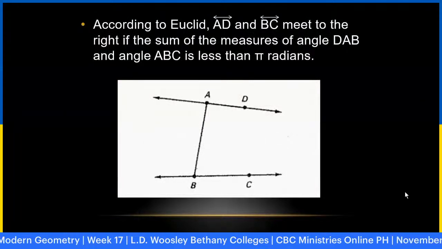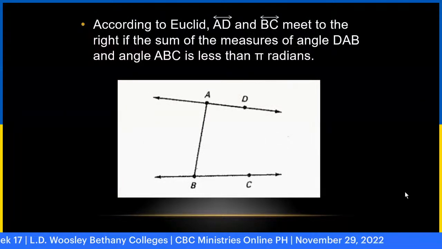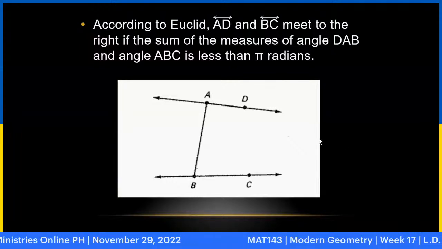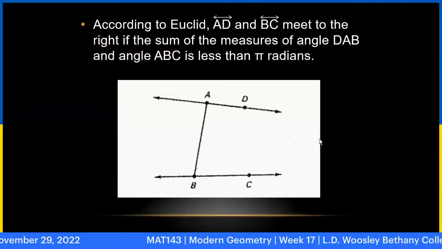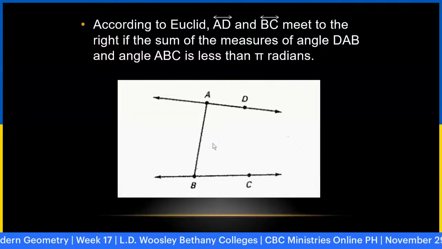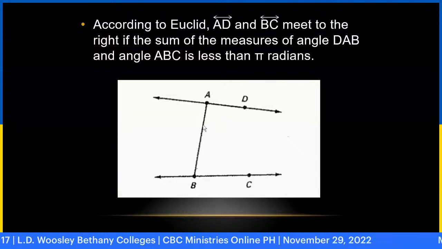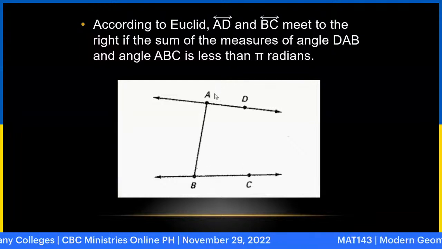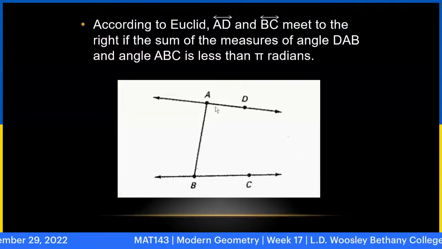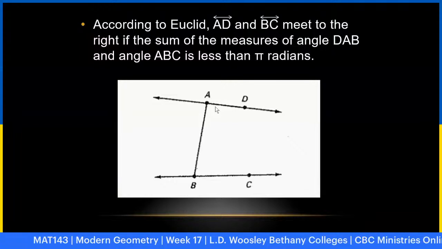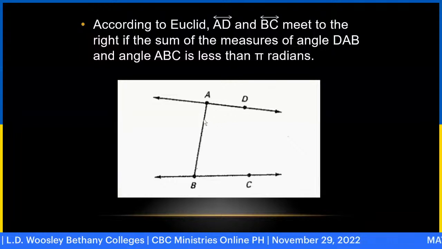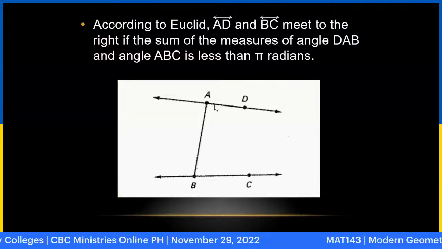Okay, according to Euclid, so angles DAB and ABC meet if the sum of the measures of angle DAB and angle ABC is less than pi. So meaning these are interior angles. Okay, ready na, these are actually some of the interior angles. Can you visualize, Mikaela?